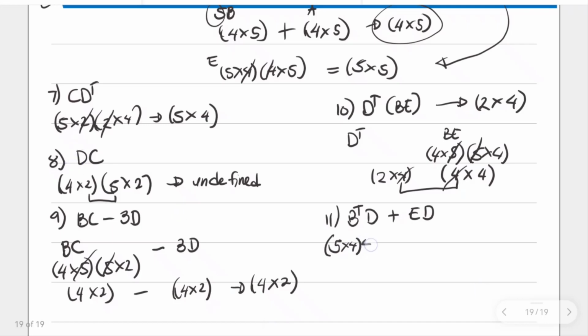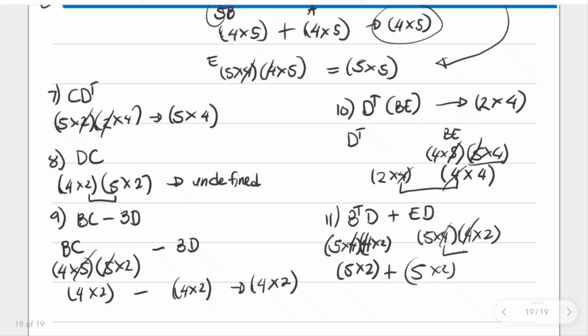So you have 4 by 2. So their product is defined as a 5 by 2 matrix. Your E is a 5 by 4 matrix. And again, your D is a 4 by 2 matrix. Cancel that. You have 5 by 2. Add, same sizes. It's a defined matrix of 5 by 2 size.